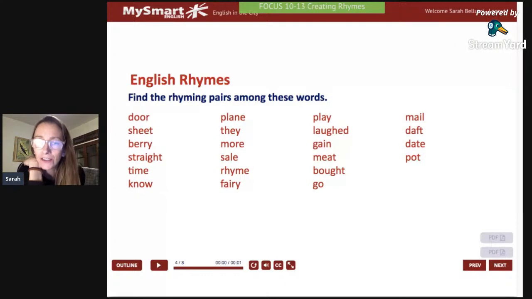Yeah, very good. These are perfect examples of actually rhyming pairs where the spellings are completely different. Time and rhyme, door and more, sheet and meat. The spellings are different.